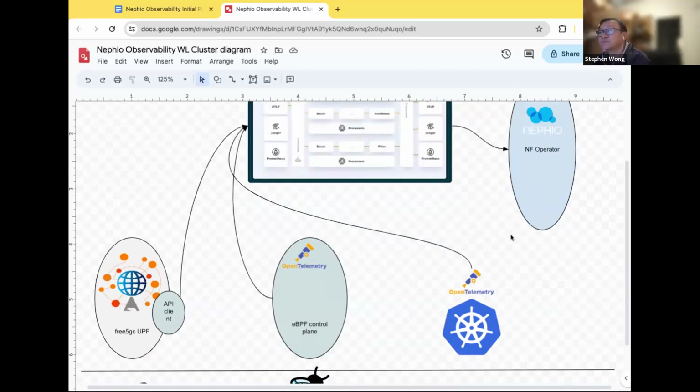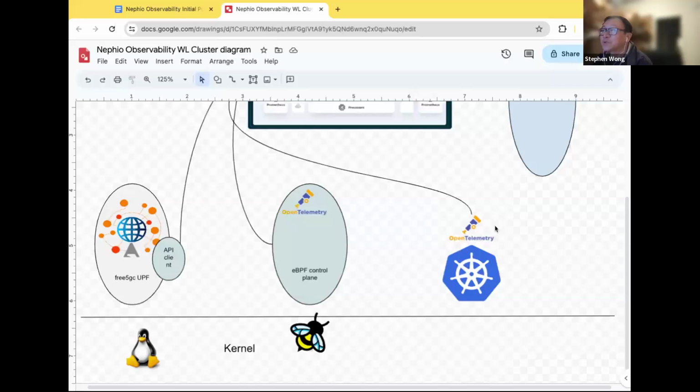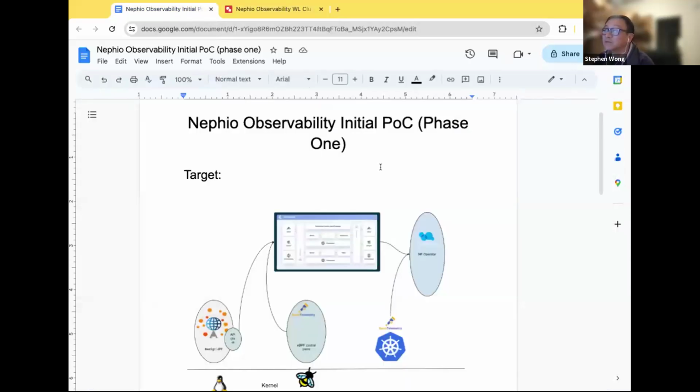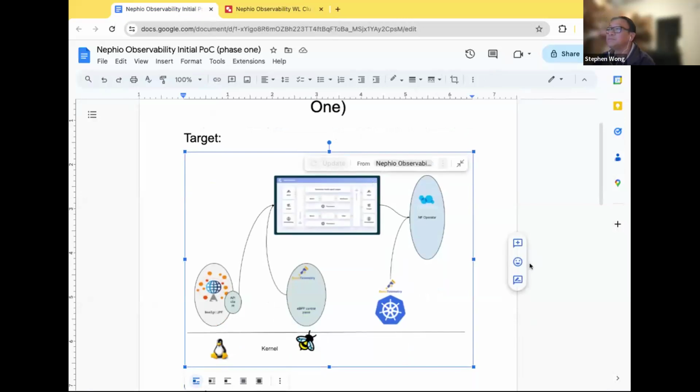Subscribe is a word that I keep using, but I'm not sure if the subscription exporter is in the collector at this point. And this only pertains to the workload clusters for the initial phase.